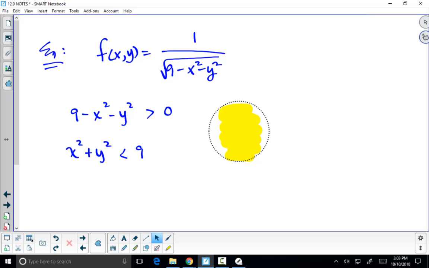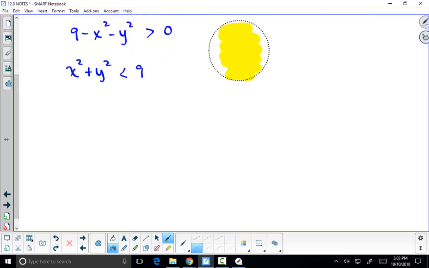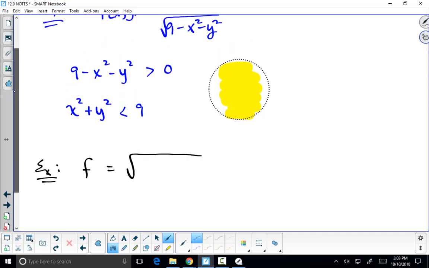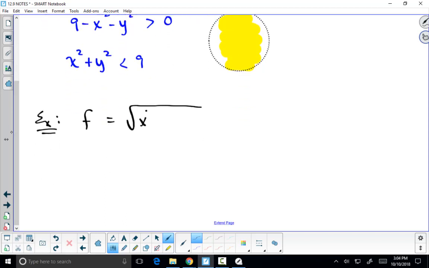So you could have something like, if you have the square root and the minuses backwards, so if you have x squared plus y squared minus 16, that type of thing, then you have to have x squared plus y squared minus 16 greater than or equal to 0.